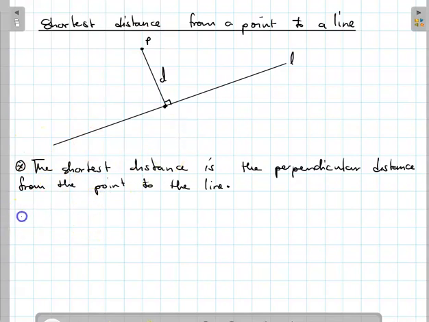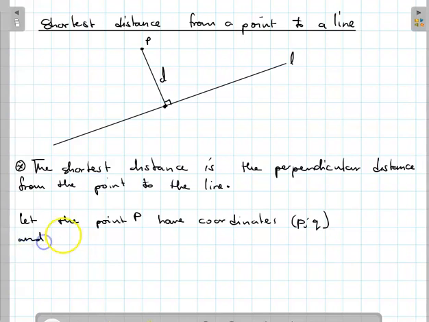So first of all, let the point P have coordinates, let's just say the coordinates are (p, q), right?